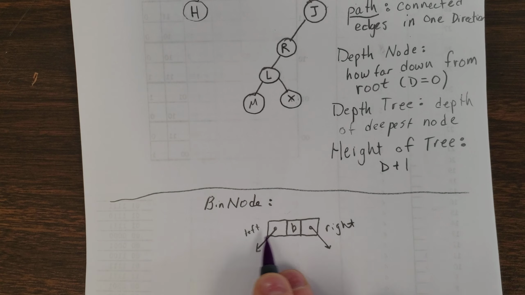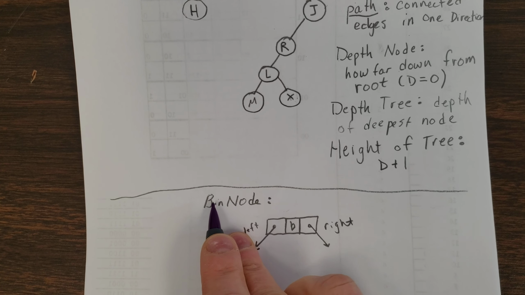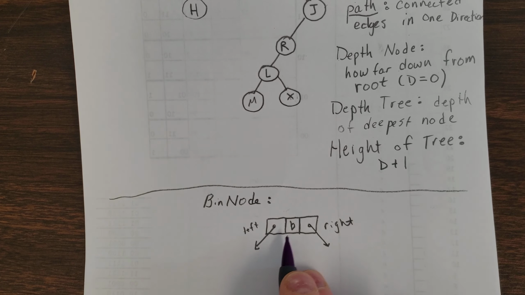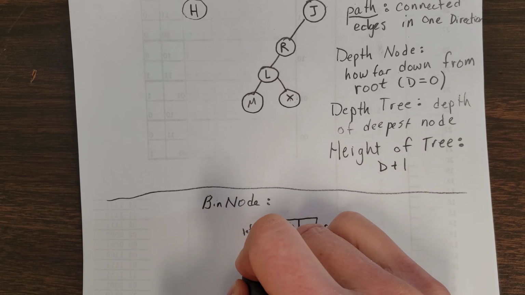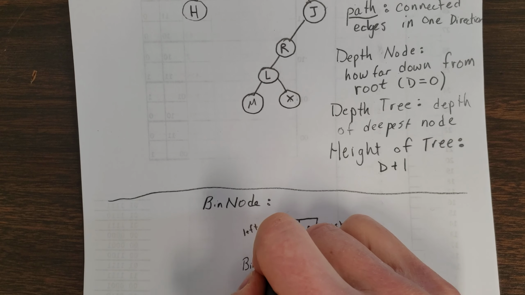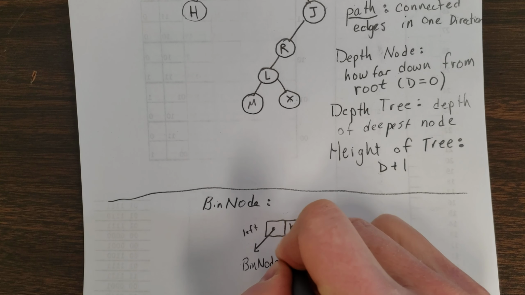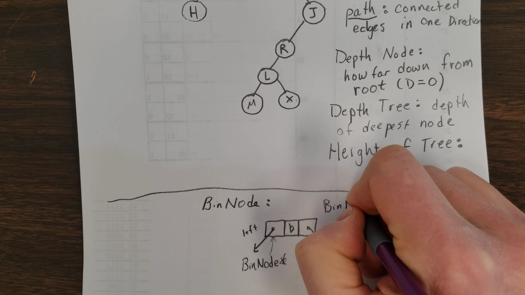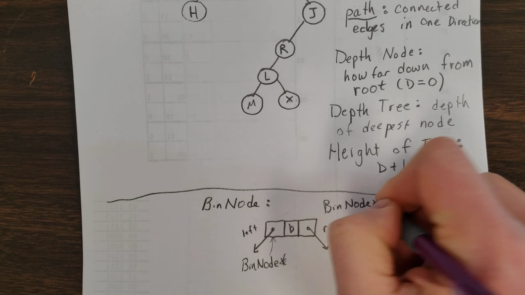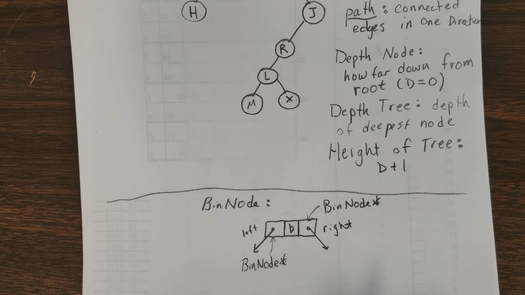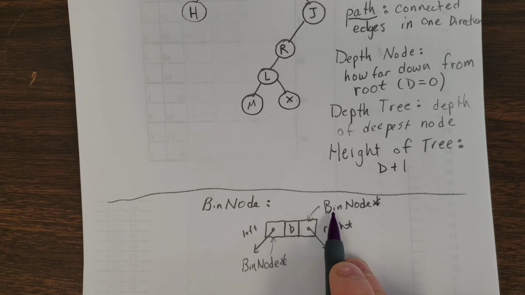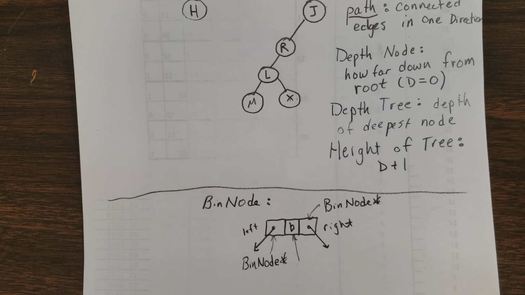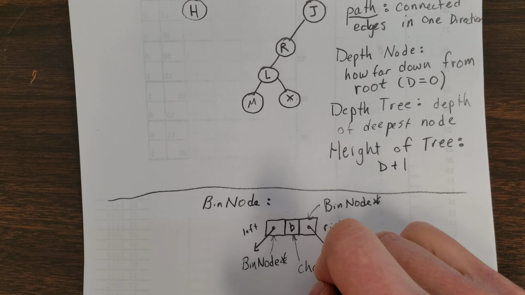Okay, these are going to be internal variables. Now, if our class is called bin node, then this is going to be of type bin node pointer. That's the type. And this is going to be of type bin node pointer. Okay, so those are going to be member variables, and then this is going to be the payload. Maybe it's going to be called data, but it's going to be of type char.